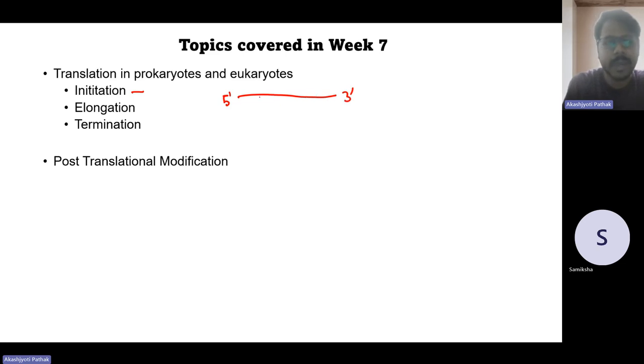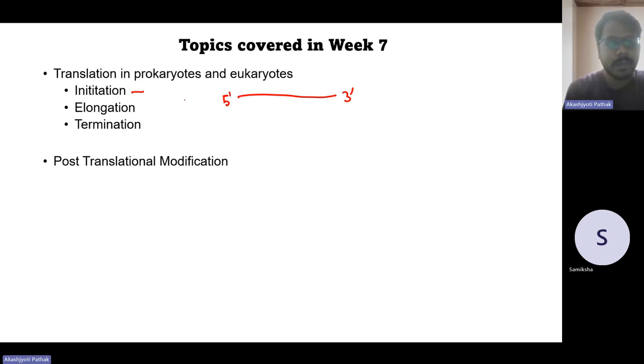There are ribosome binding sites, and there are specific sequences in prokaryotes called the Shine-Dalgarno sequences, to which the ribosome will bind. This Shine-Dalgarno sequence is recognized by the 16S rRNA, which is present in the ribosomal subunit, right?